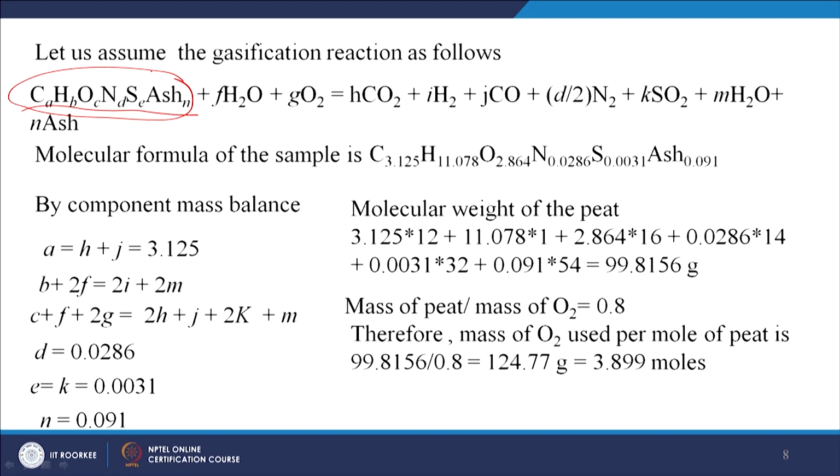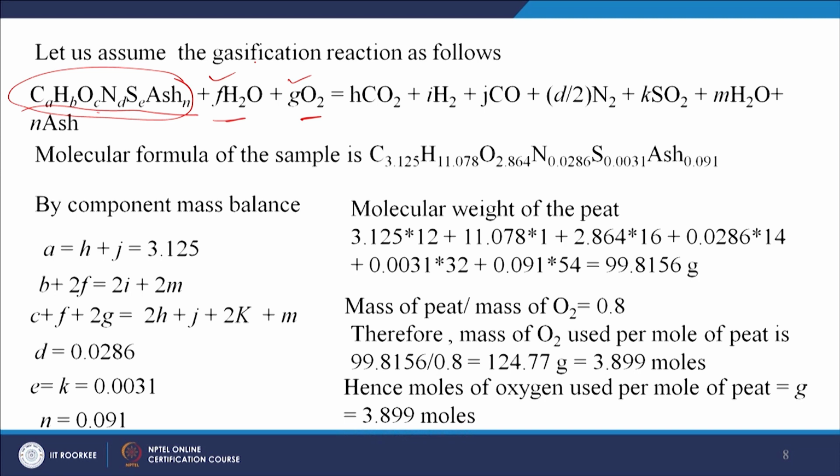Then it will be reacting with gasifying agents, one is oxygen, another is steam. So, we are assuming that 1 mole reacts with G mole of oxygen and F mole of H2O. This is the expression we are assuming, and it will give us H mole of CO2, I mole of H2, J mole of CO, D by 2 mole of N2, K mole of SO2, M mole of H2O and N mole of ash.